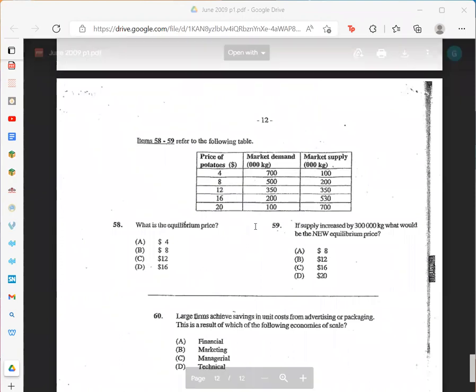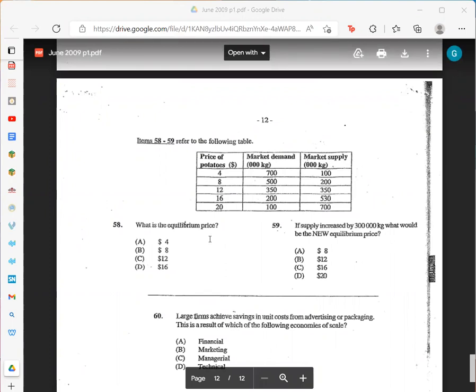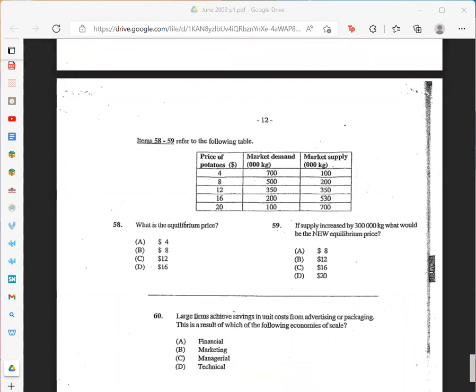58, this comes a lot. Where's the equilibrium price? It is where demand and supply are equal, price of 12. So they're saying if supply increased by 300,000 kg, what would the new equilibrium price be?